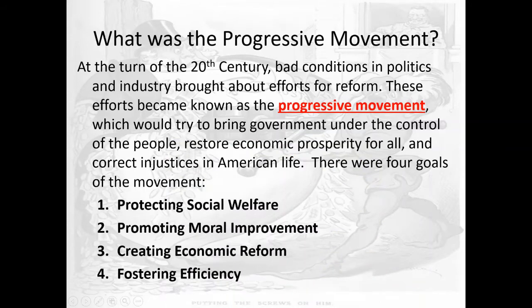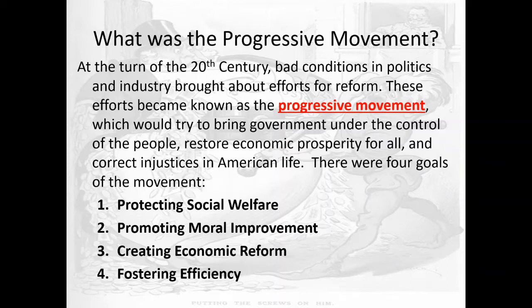So what were these 4 goals? Well, protecting social welfare, making sure that people's lives were better, just overall better, and not living hand to mouth and just in survival mode all the time. Another goal, promoting moral improvement, trying to get people to live better lives, not drink so much, not be so violent, treat people nicely.